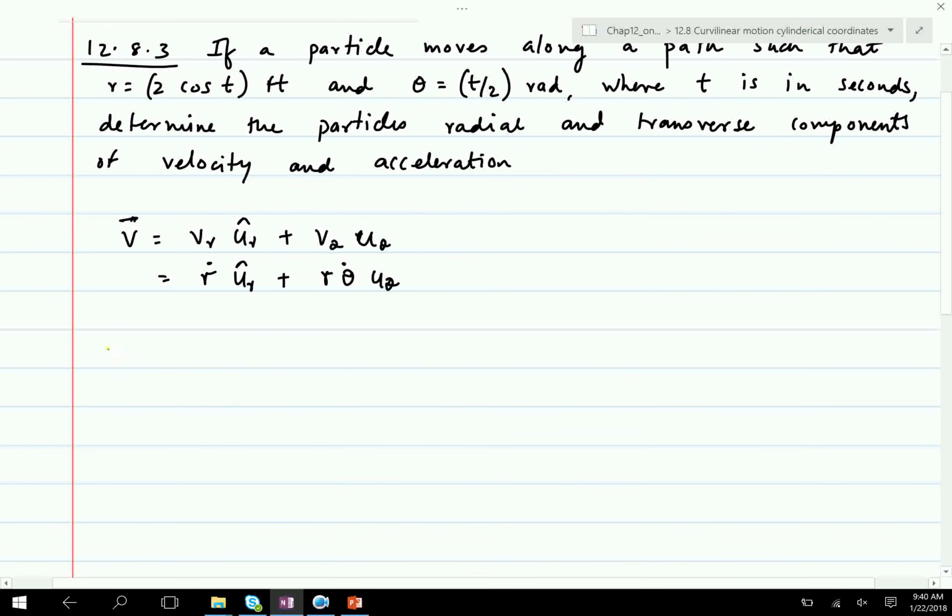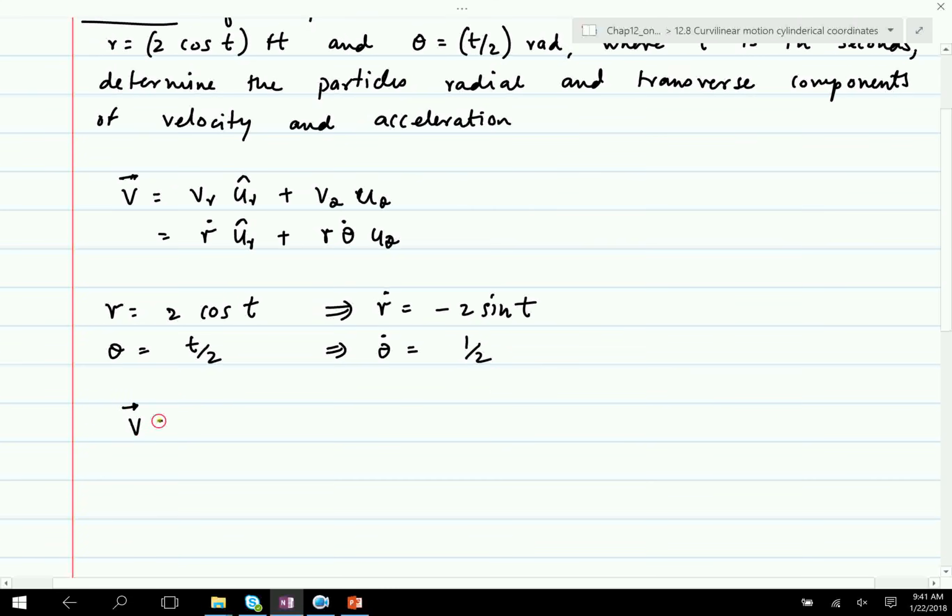So r is 2 cosine t, so r dot is going to be minus 2 sine of t. Similarly, theta is t divided by 2, so theta dot is just half.